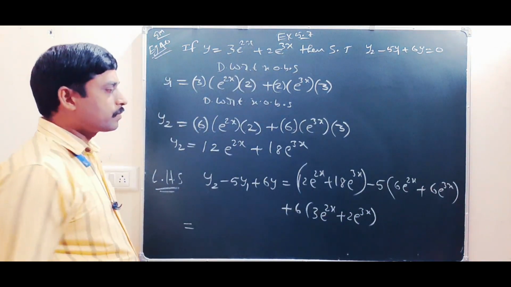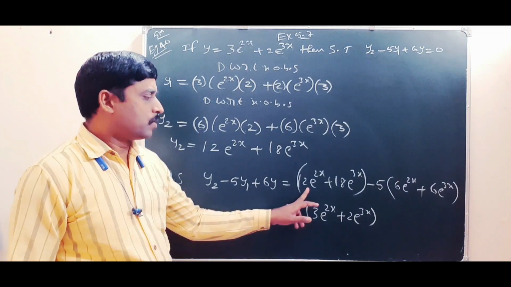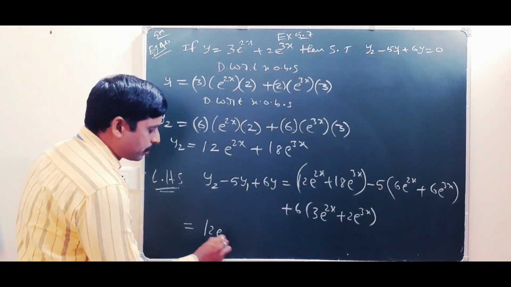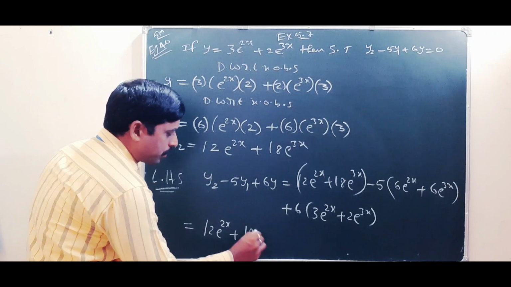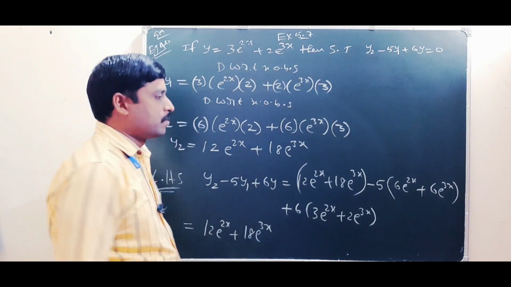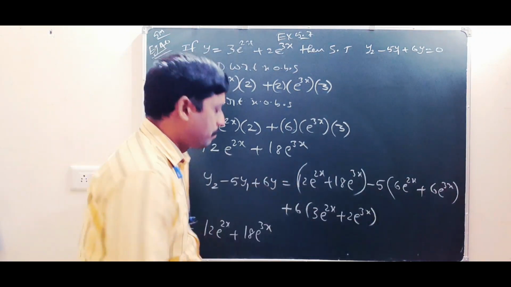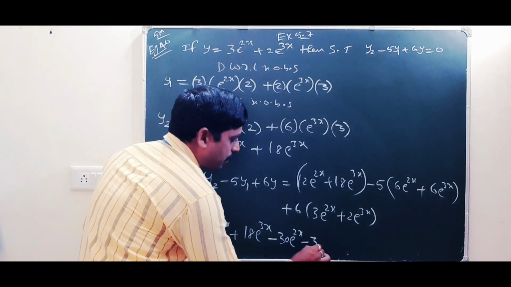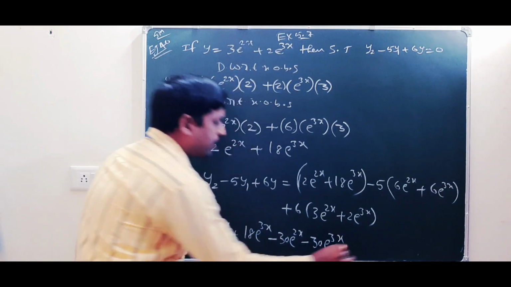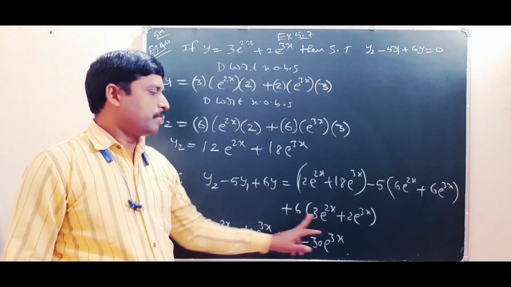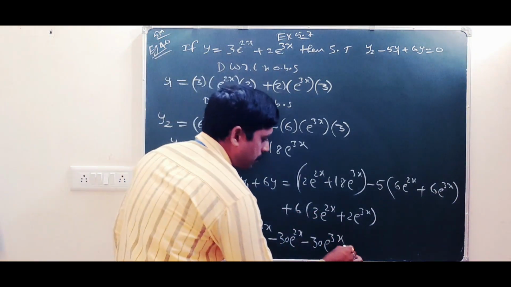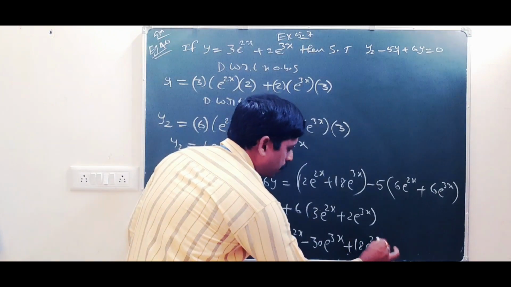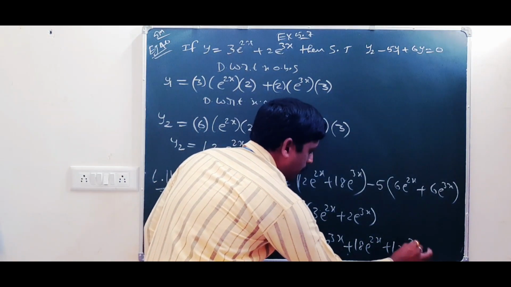Now it is going to be 12 e to the power 2x plus 18 e to the power 3x. This minus 5 multiplied to all, minus 30 e to the power 2x minus 30 e to the power 3x. Plus 6 multiplied to all, 18 e to the power 2x plus 12 e to the power 3x.